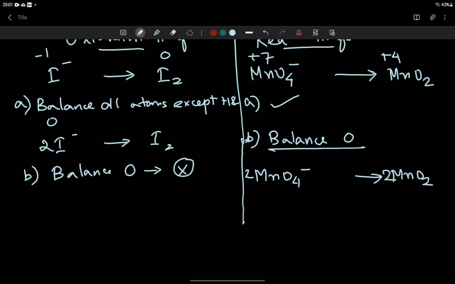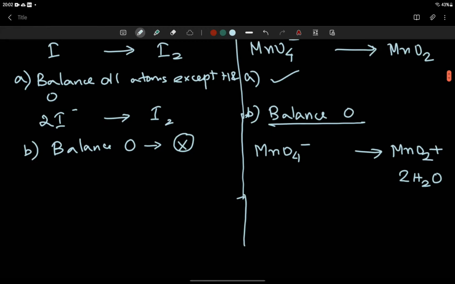To prevent this, we will simply put 2 water molecules on the product side. By doing this, we are balancing the oxygen atoms on both sides. It is not so difficult. Now the oxygen atoms are balanced: 4 oxygen in the reactant side and 4 oxygen in the product side.